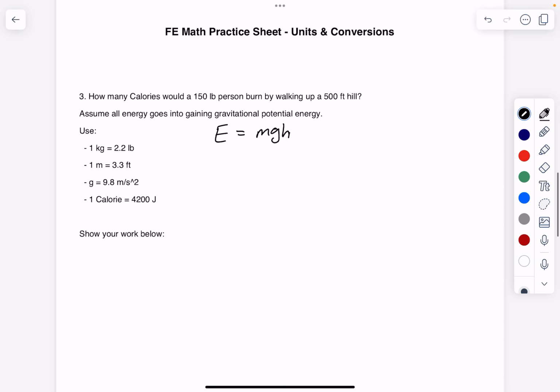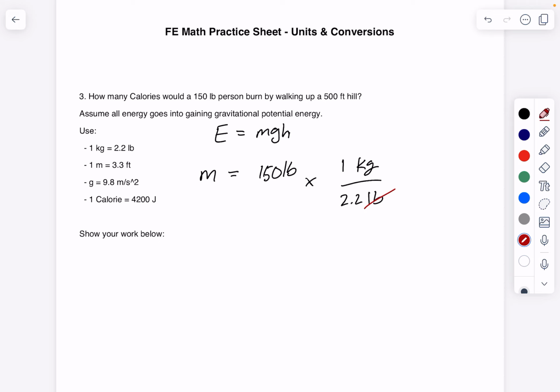So from there, we need to get all of our units in the same proper units. So we'll convert the pounds to kilograms and the feet to meters. So for our mass, we have 1 kilogram is equal to 2.2 pounds. So we have 150 pounds. Then we're going to multiply, and we want to get kilograms eventually. So we'll have our unit conversion with kilograms on the top, pounds on the bottom, and this is where we'll cancel.